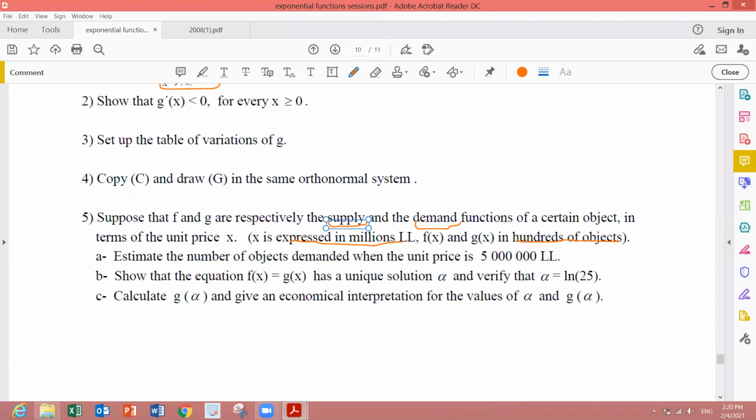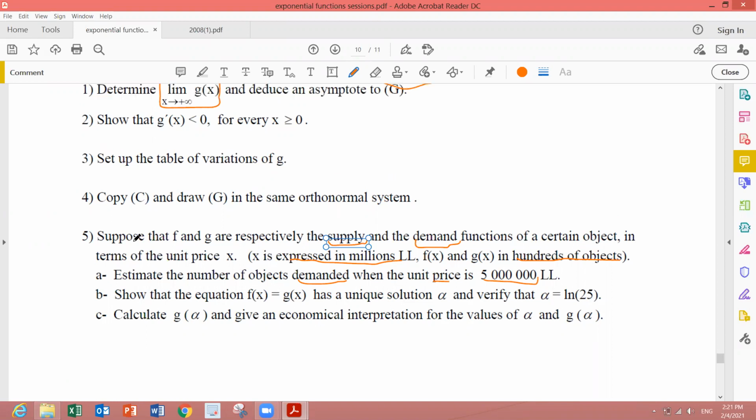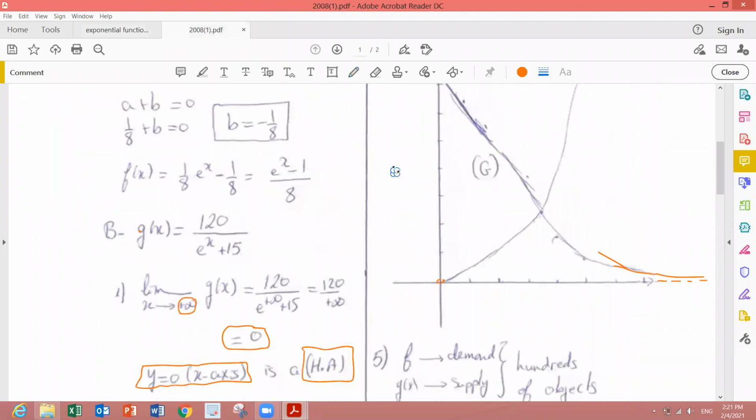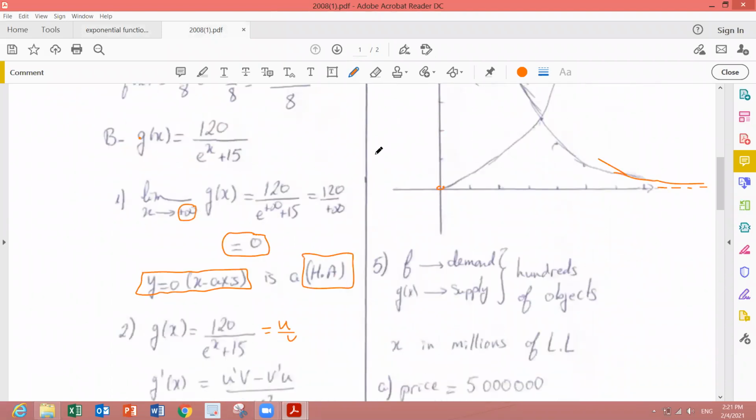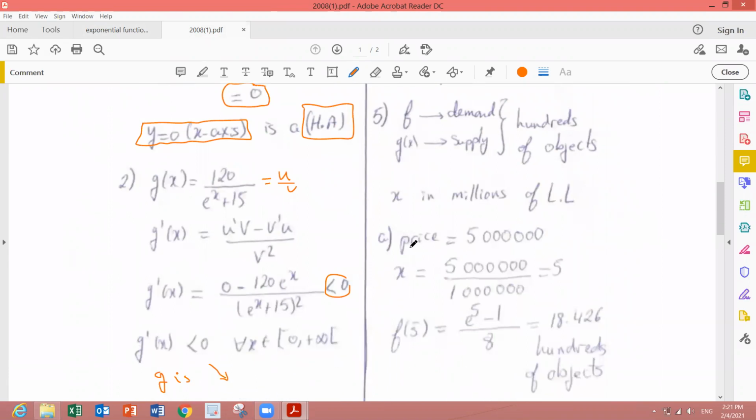How do we find the number of objects demanded for a price of 5 million? So price equals 5 million.